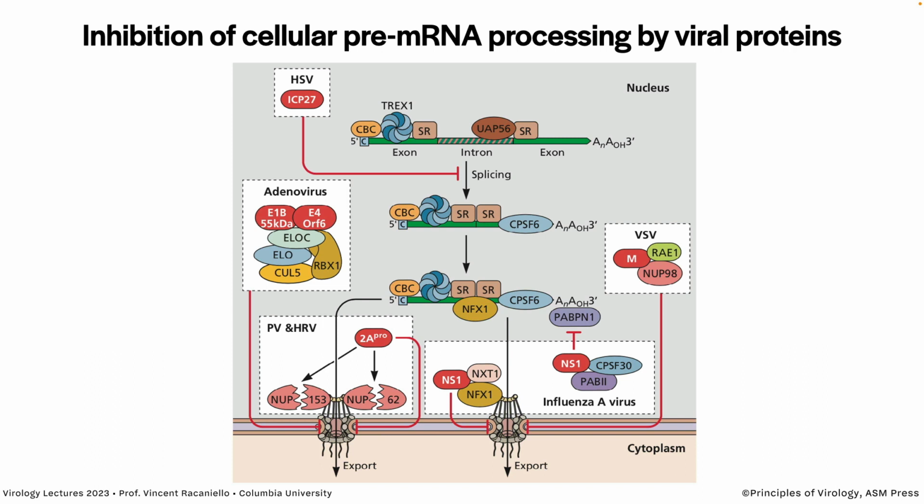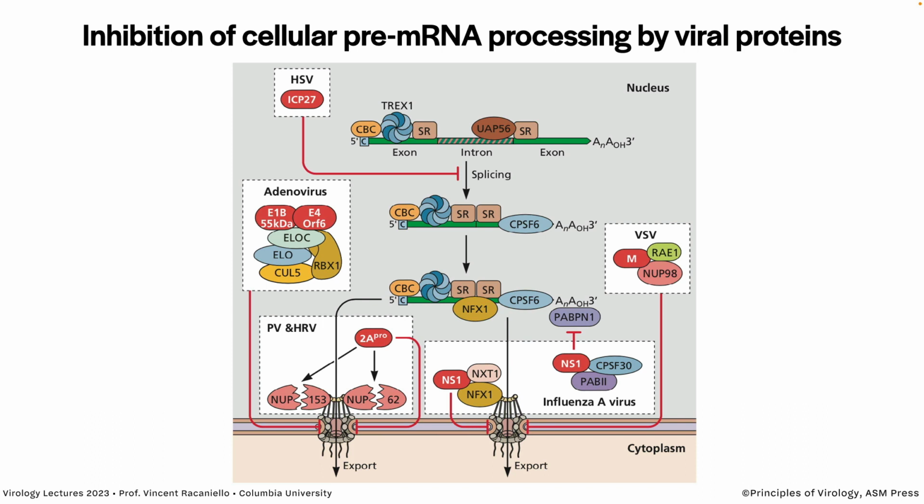So viruses, of course, interfere with splicing of cellular mRNAs, which I showed you on the previous slide. And many viruses encode proteins that interfere with nuclear export. That's mainly what is shown here. For example, adenovirus has a variety of proteins, E1b and E4, that bind to export proteins. Poliovirus cleaves some of these NUPs. Nuclear export proteins are needed to get out of the nucleus.